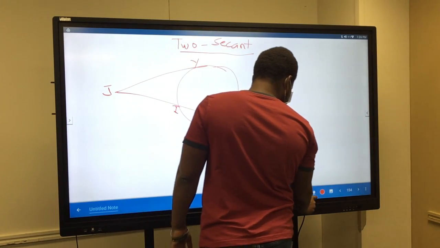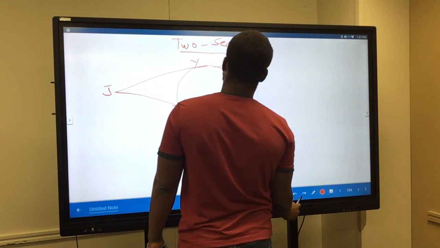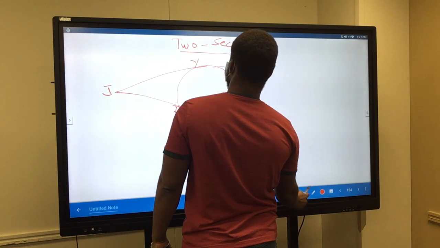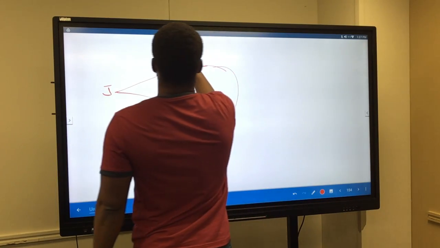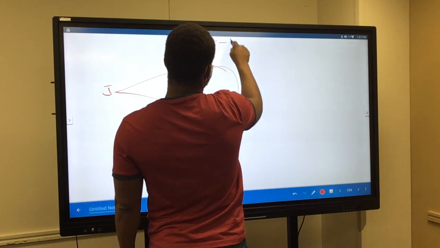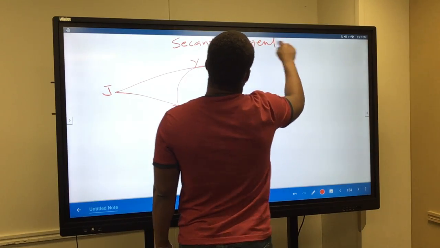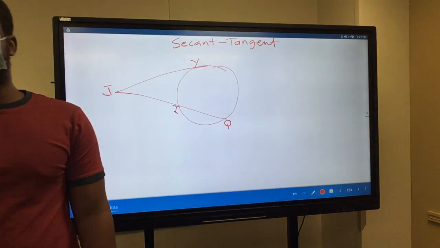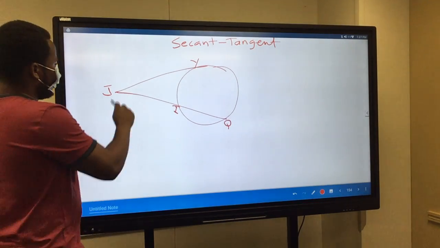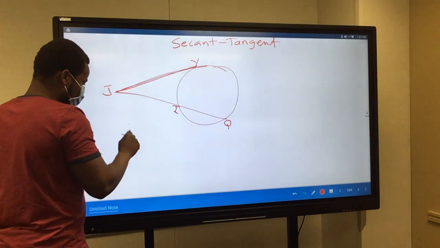A secant and a tangent. So basically you find the square of the tangent.